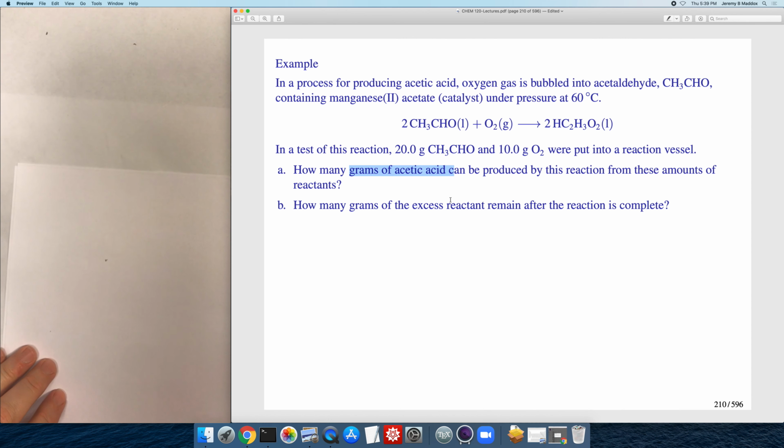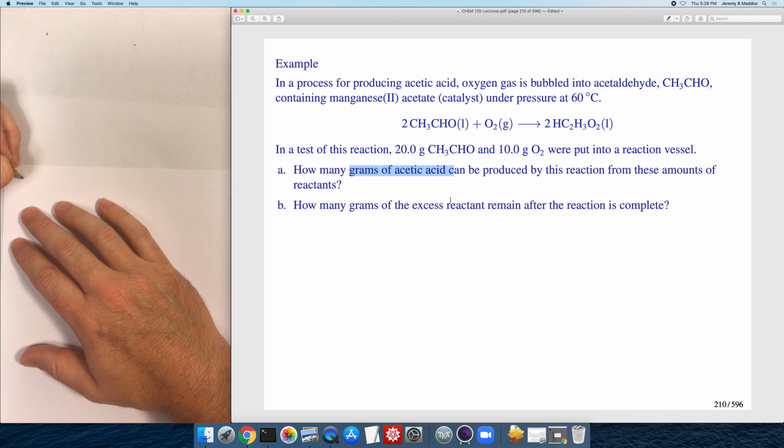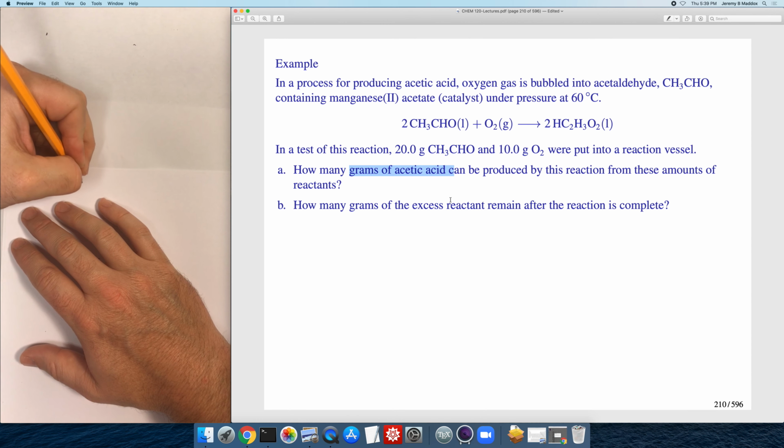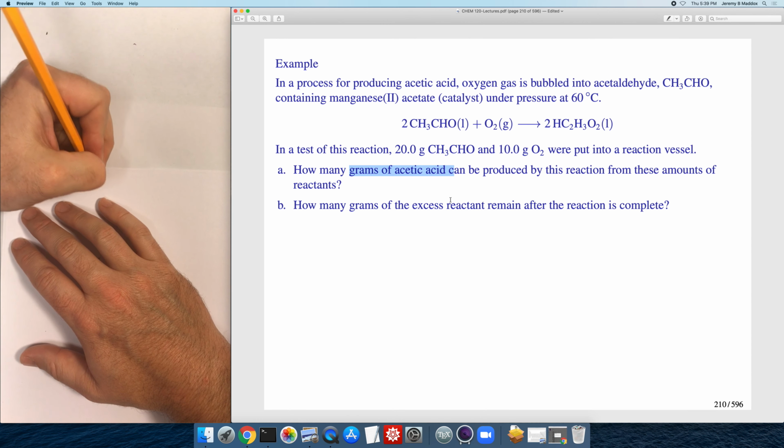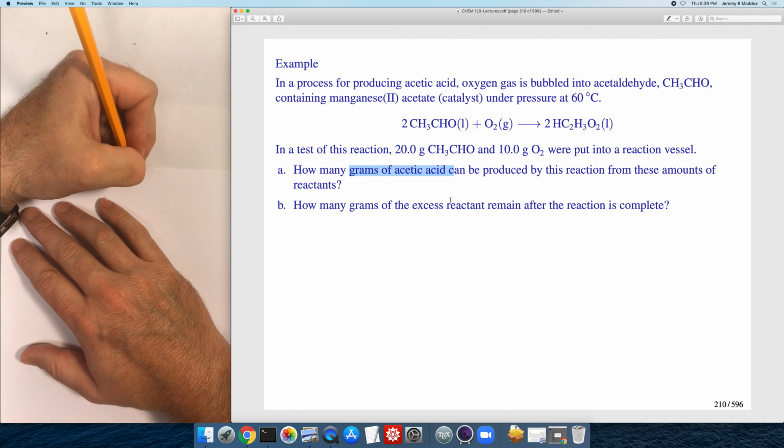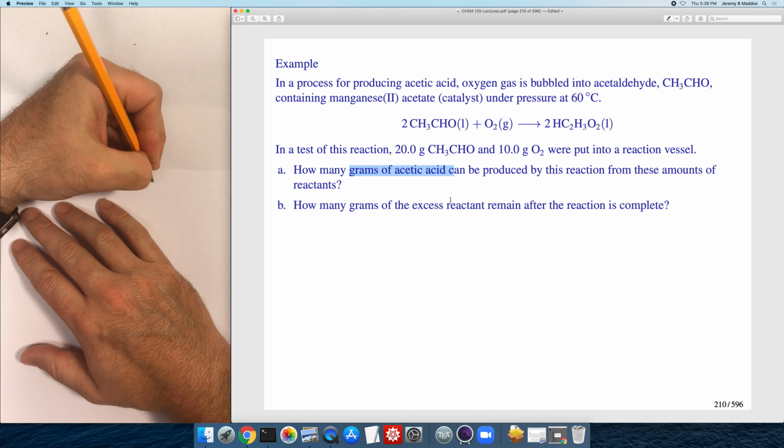Before we get going with the actual calculations, we need the molar masses of all of the species involved here. So the molar mass of the CH3CHO, we've got 2 times 12.01 plus 4 times 1.01 for the hydrogens, plus 16. So we'll get that.